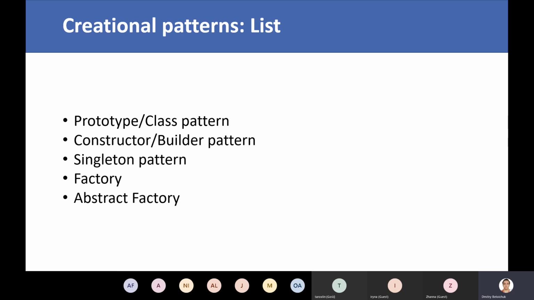The constructor builder pattern is about how you use maybe a set of templates, for example, to create a new template out of it. Singleton pattern is about how you decrease the number of templates, or I should say the instances that can be created from a template.